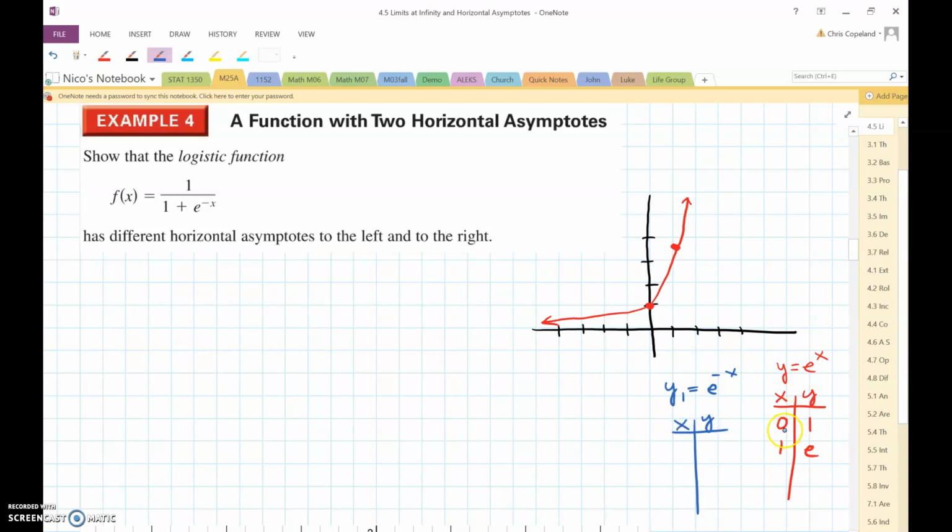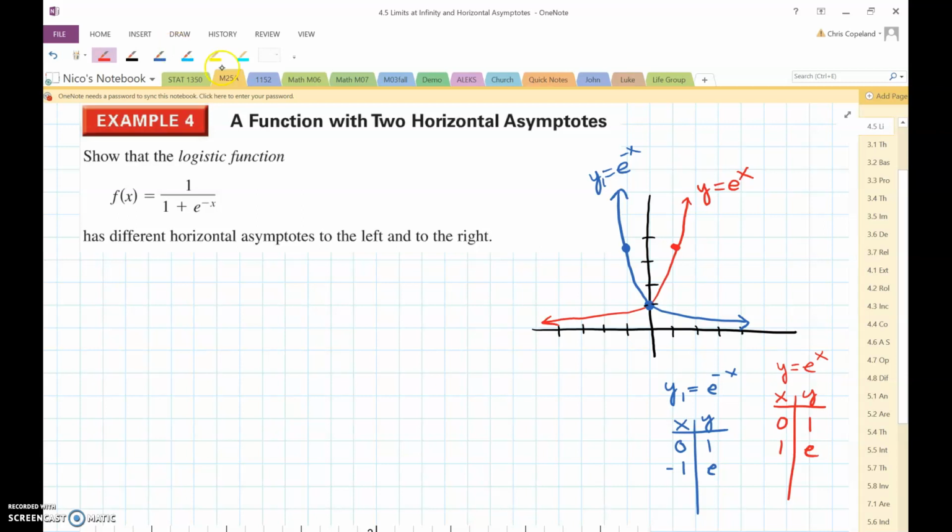So you're still going to have the 0, 1, but you're also going to have a point at negative 1, e. So this will be y sub 1, which is e to the negative x, and this one is y equals e to the x.